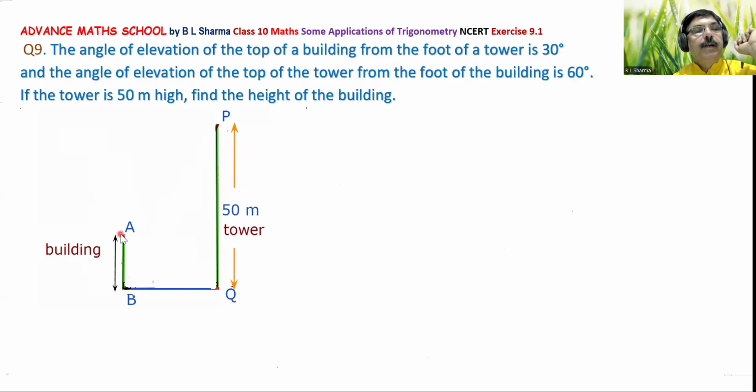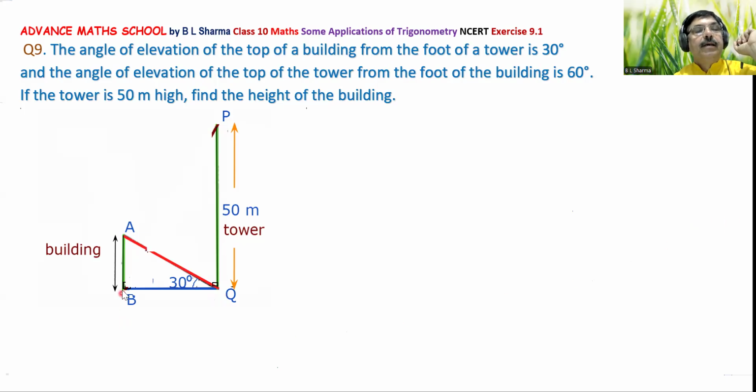Now, top of building, foot of building, top of tower, foot of tower. It is given the angle of elevation of top of building from foot of tower means this angle is 30 degree. The angle of elevation from the foot of the tower to the top of building is 30 degree.